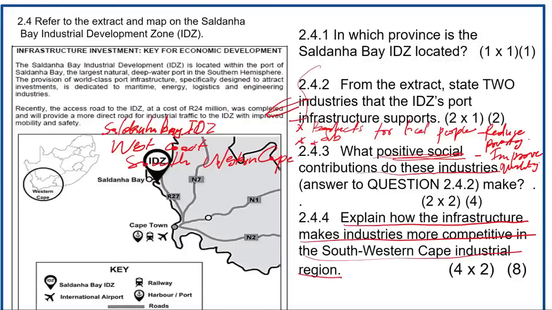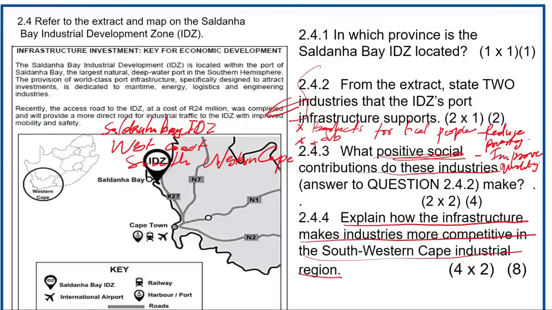But firstly, let me start by explaining how the infrastructure makes industries more competitive in the Southwestern Cape industrial region. Wow, this is a very rich question, but it's very easy.